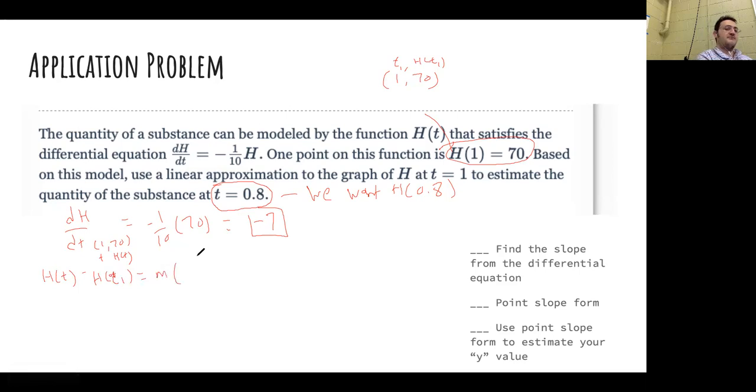So I'm just going to call that m times t minus 1. And if I want to actually find h of t and come up with a general equation, that would be equal to m times t minus t1 plus h of t1.